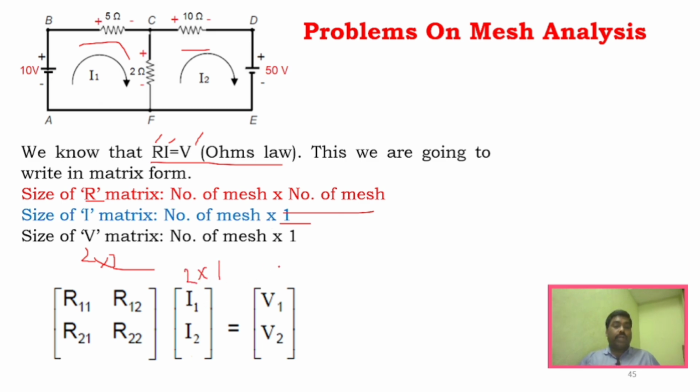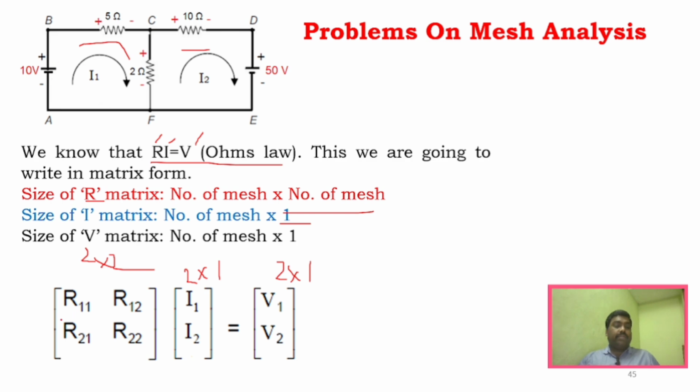Here it's 2 cross 1, number of mesh into 1. Now how to write the expression for this? Before explaining the procedures, I'll tell you how to write this particular matrix so that you can clearly understand.